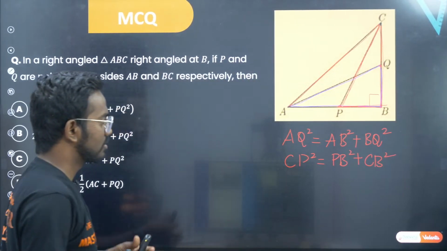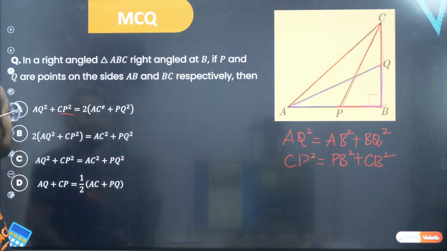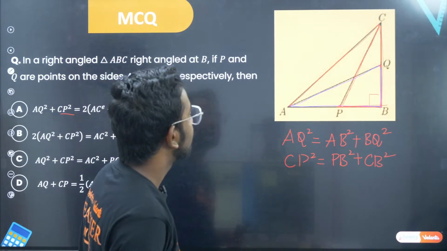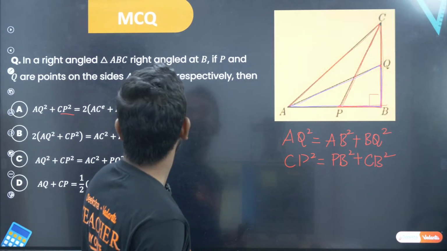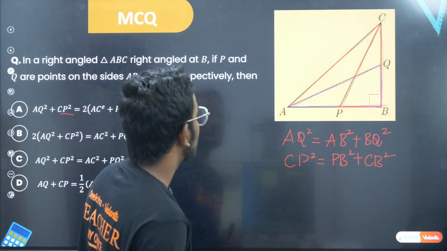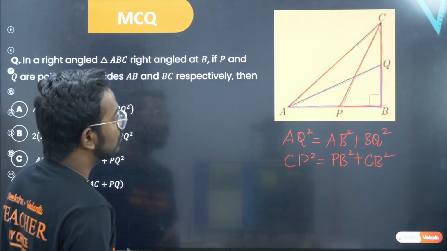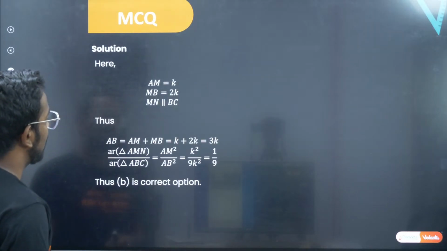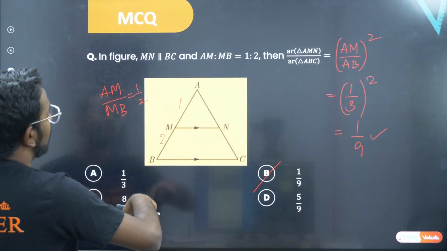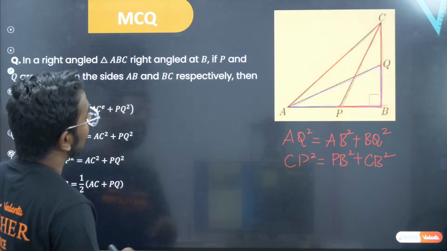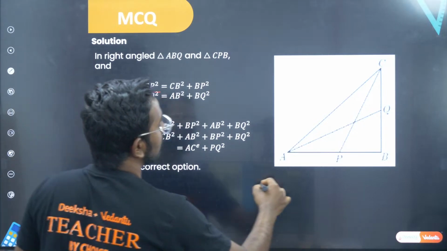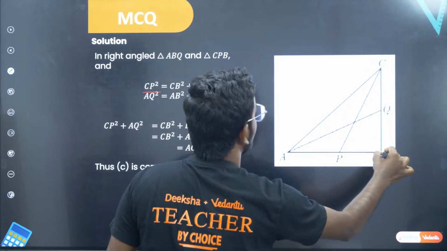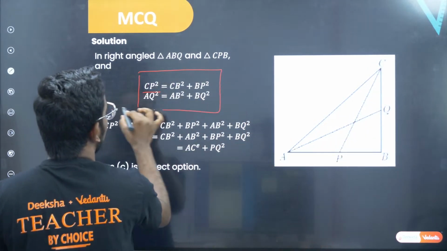Okay. Yes, sir. So now you got two things. Also your AB square can be written as AP plus BP whole square. Similarly, your BQ square can be written as, try to see this. See your CP square over here, CP square is basically CB square plus BP square, using the Pythagoras theorem, I have just written this.